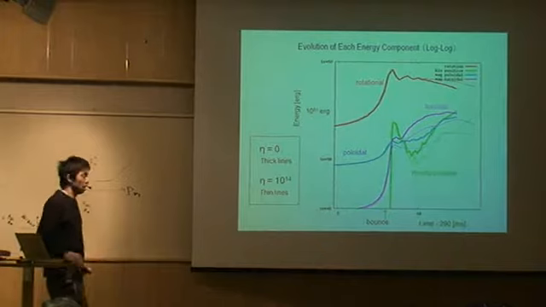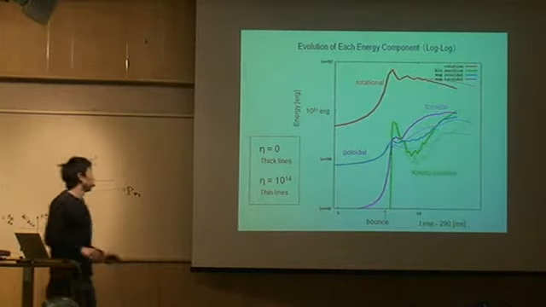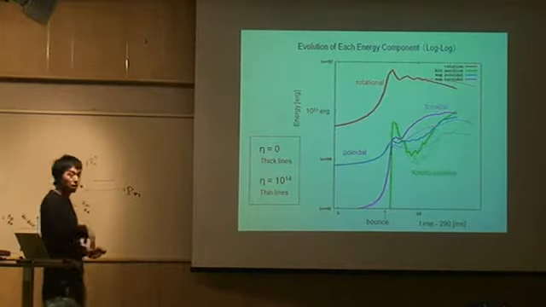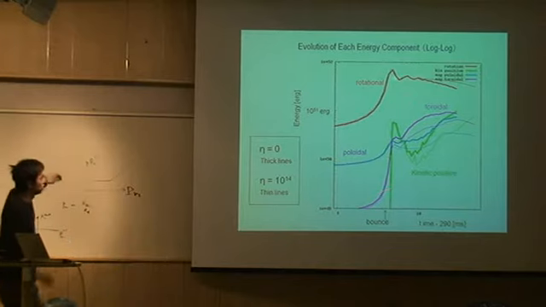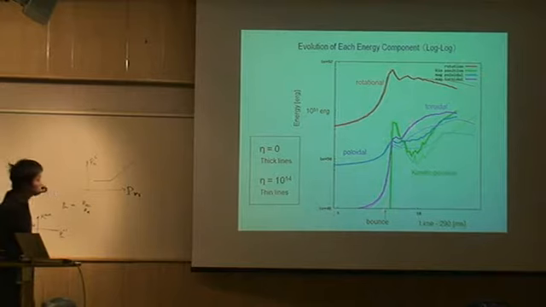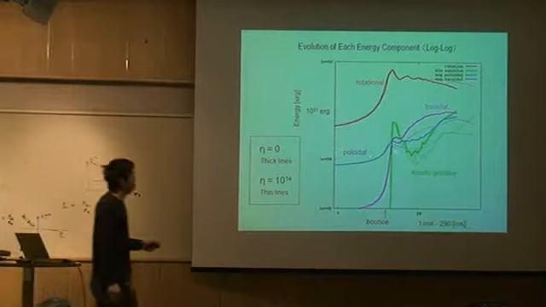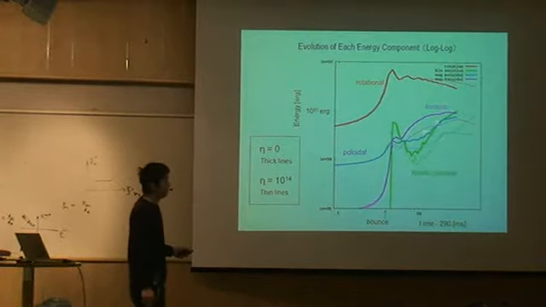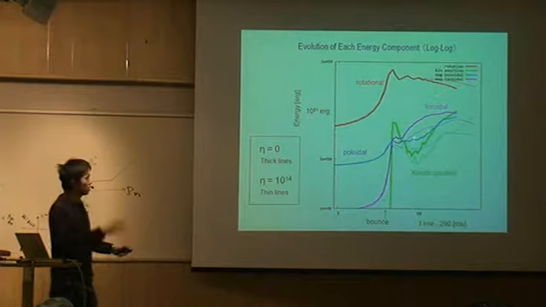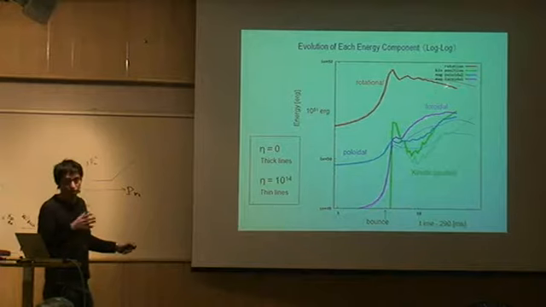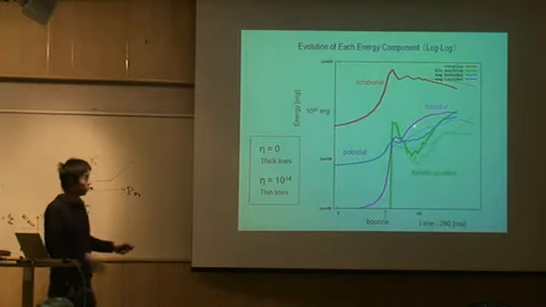Okay. And on the other hand, for the resistive model, look at thin lines. The time evolution before bounce is almost identical to the ideal model. But after the bounce, for example, the toroidal magnetic field amplification is much smaller than that of the ideal model.